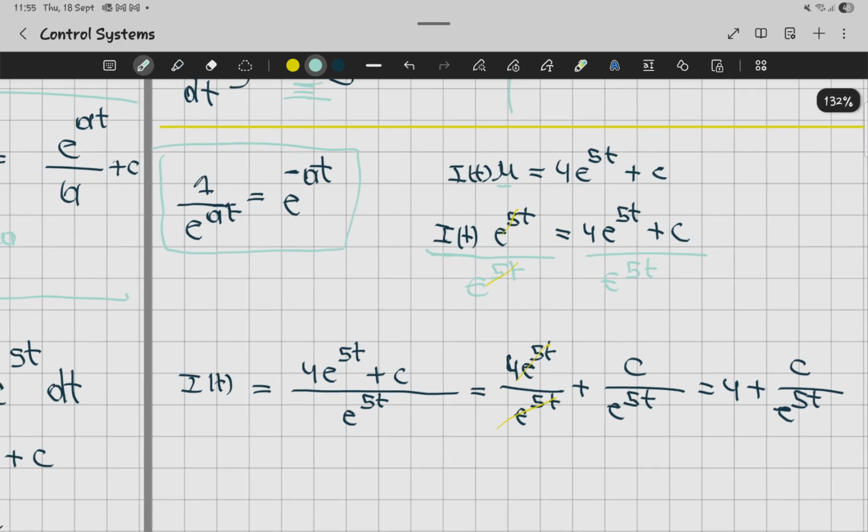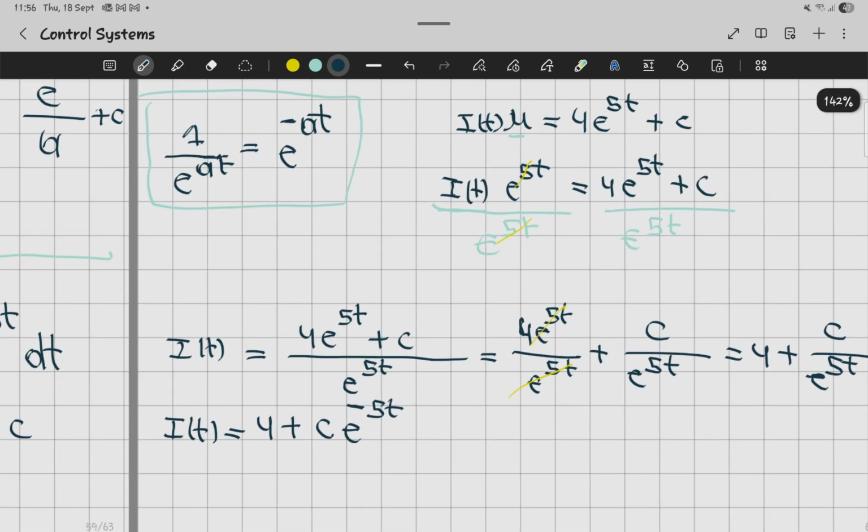Okay, so we will get the current to be equal to 4 plus e^{-5t}. Okay, and what you see here, we're going to have times c. Don't forget about c. So we're going to have our c here. Okay, so this is the answer for our current.